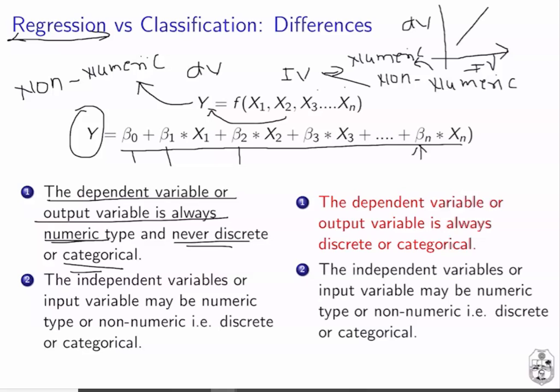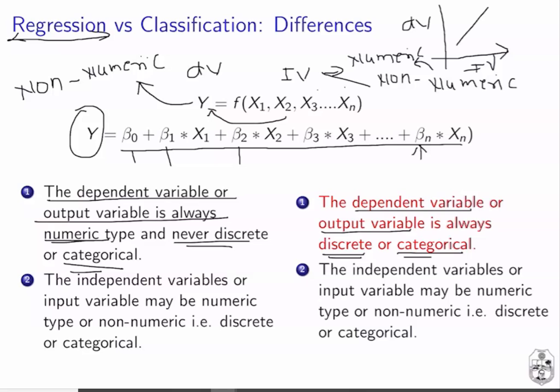In classification, the dependent or output variable is always discrete or categorical, and never numeric.